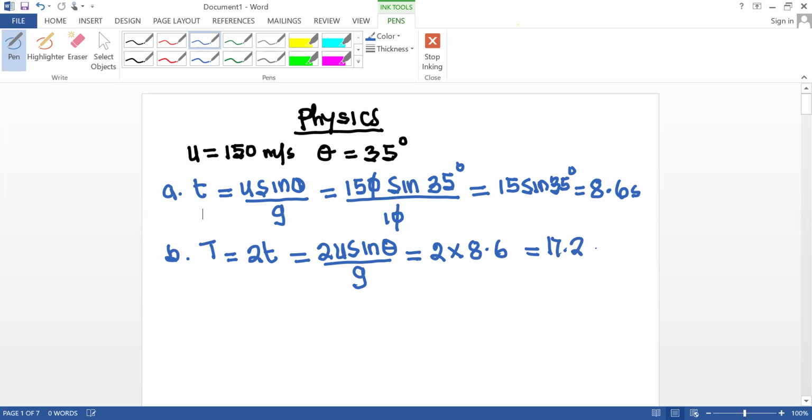And this must give us 17.2 seconds. If you are also an admirer of equations, then if you want to use the formula, T is equal to 2 times 150 times sine of 35 divided by 10, the value would be the same as 17.2 seconds.